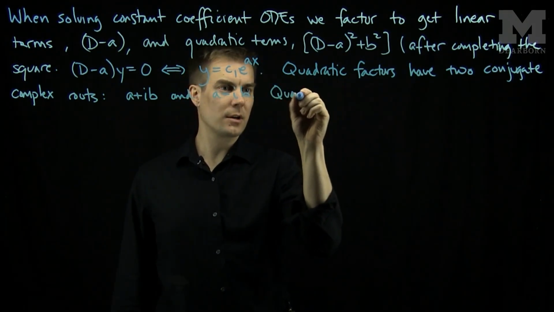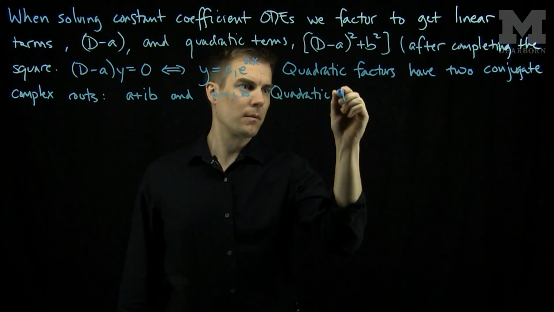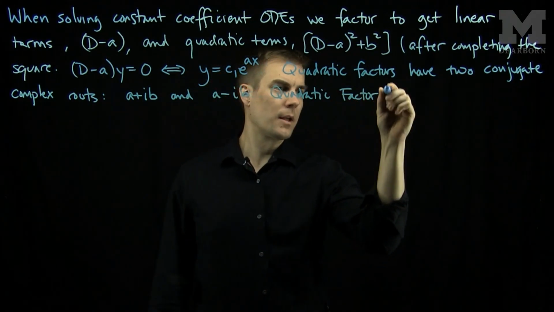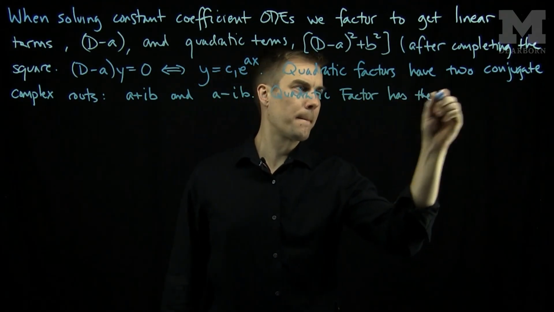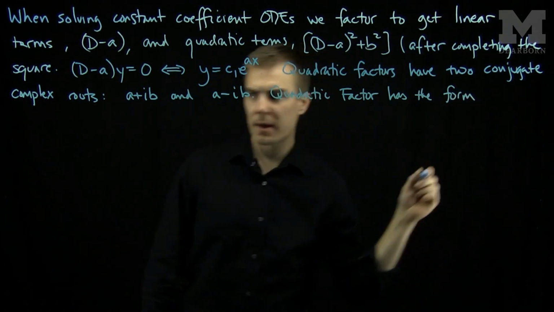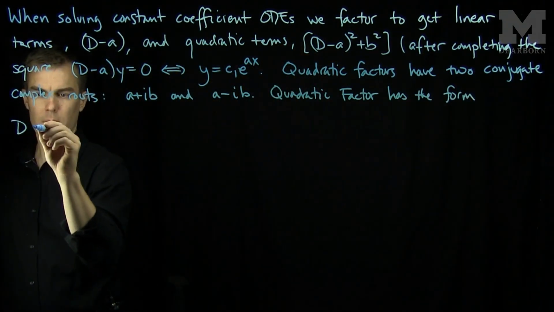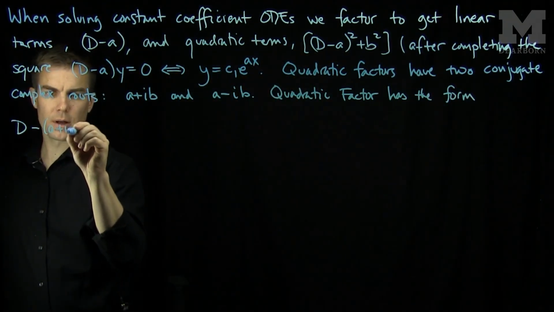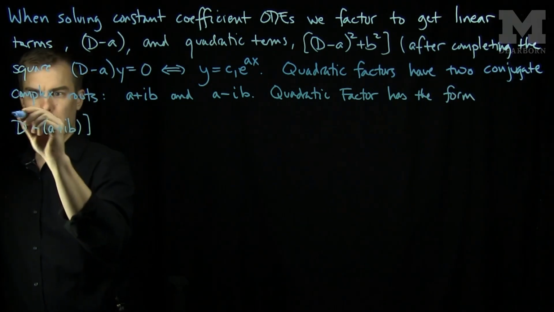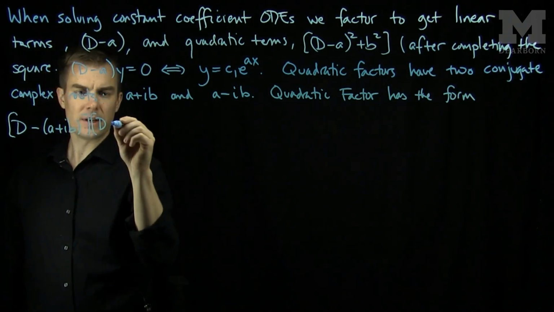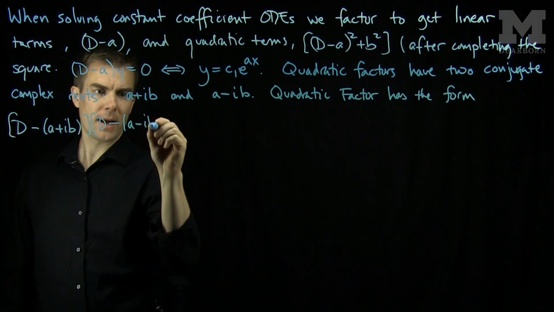The quadratic factor has the form d minus a plus ib and d minus a minus ib.